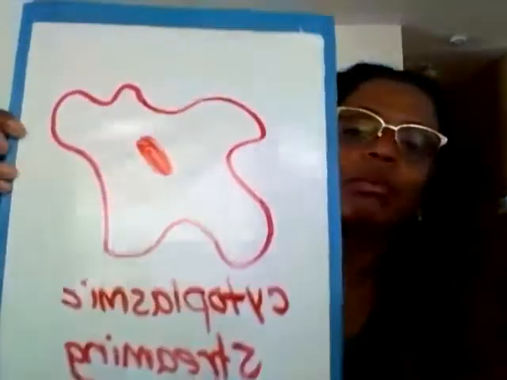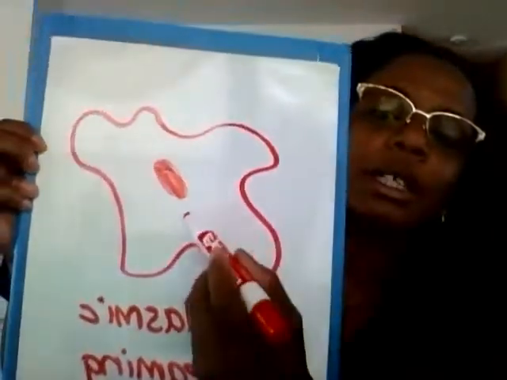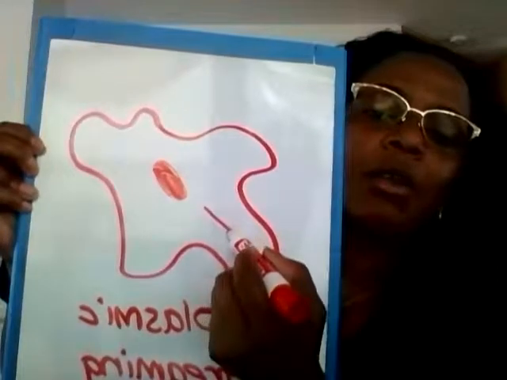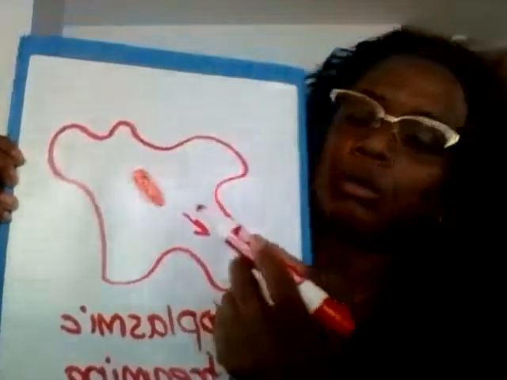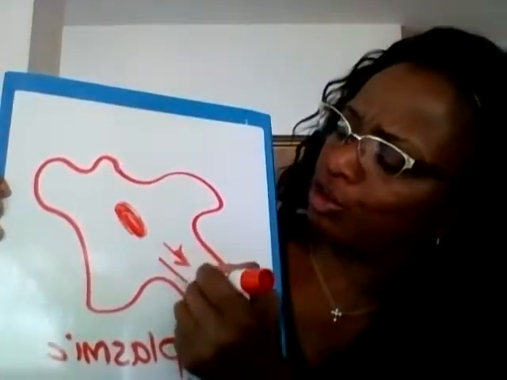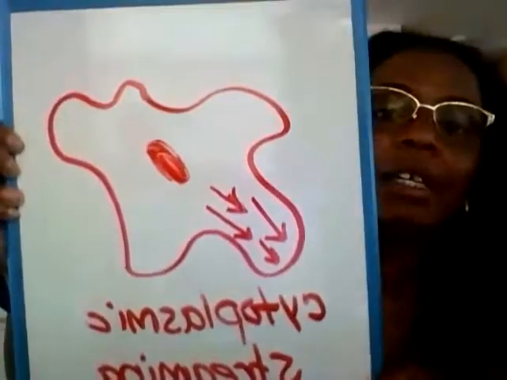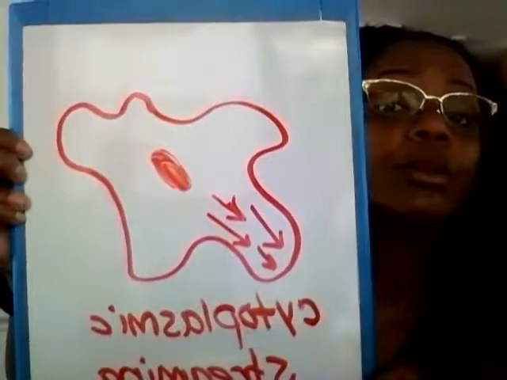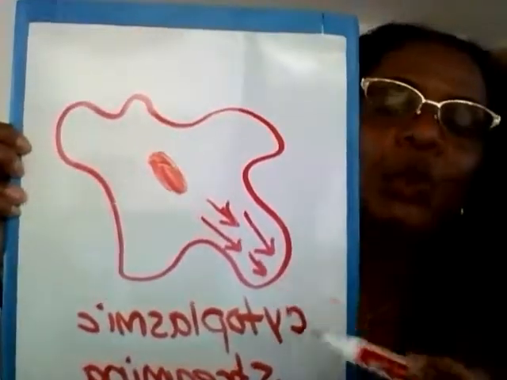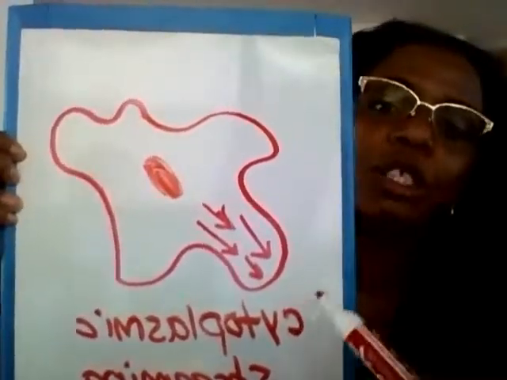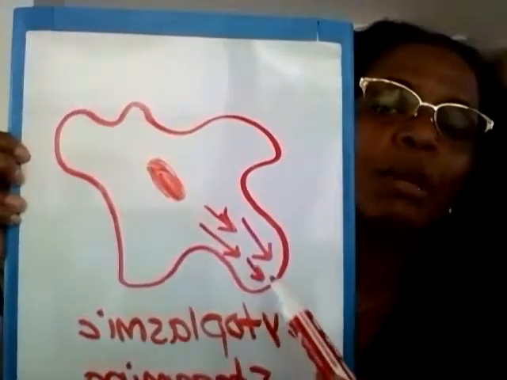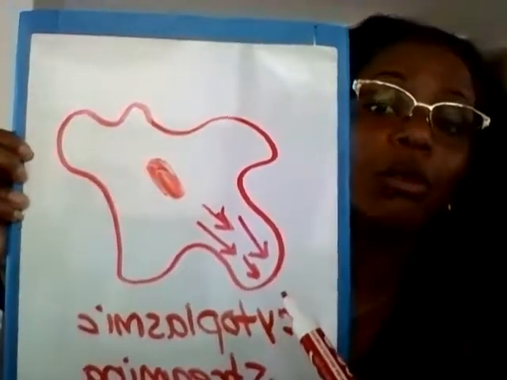And what happens is this. The cell will begin to stream the cytoplasm in a particular direction. If there's some food or if there's something that it's trying to actually get to, it will stream all of the cytoplasm in one direction.